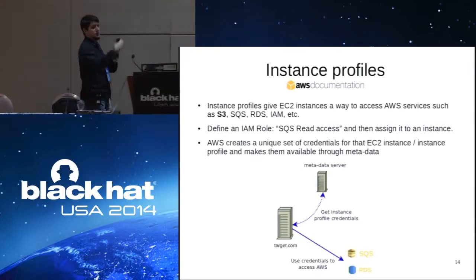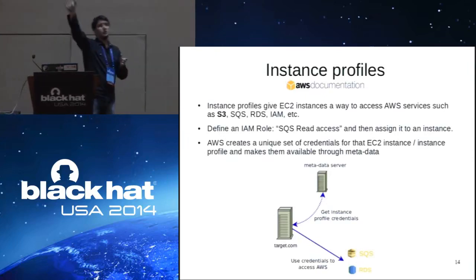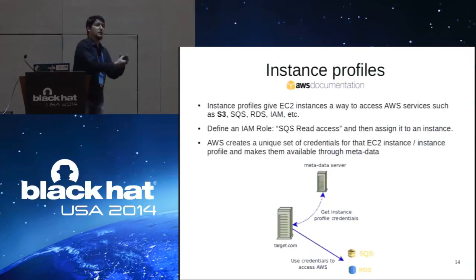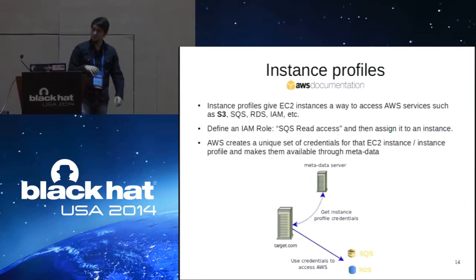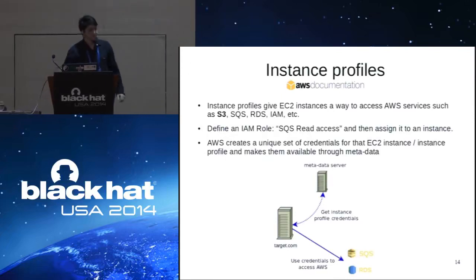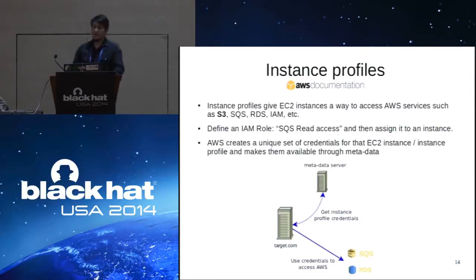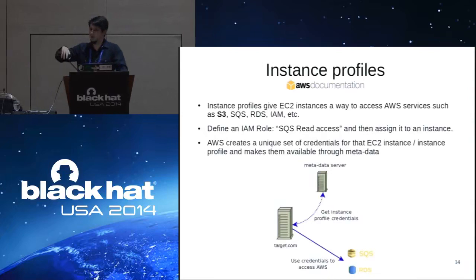So if you want to access S3, the code is going to go to the metadata server, retrieve the credentials, and then go to S3 and do whatever you need to do. The good thing for us was that the instance profile credentials are stored in the metadata server.